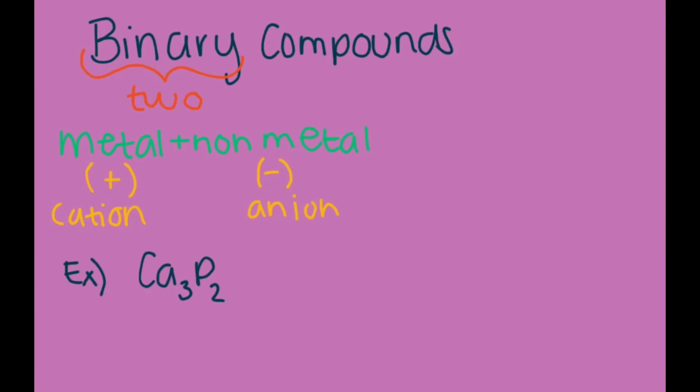So in this example, we can identify both of the elements as calcium and phosphorus. As we can see in this case, calcium would actually be the metal, and phosphorus the nonmetal. So in this case, we have already separated the two elements and identified them.